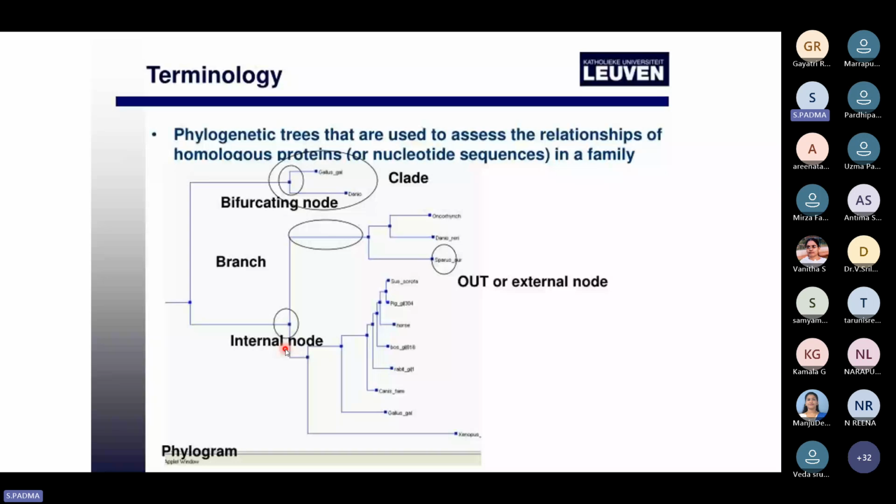So you have three types of nodes. If you observe this phylogenetic tree, you have terminologies like what is a branch, what is a node, what is the difference between a bifurcating node, internal node, and an external node. So the bifurcating node is this particular one which is dividing into two, having two other species which are evolving from this particular point.